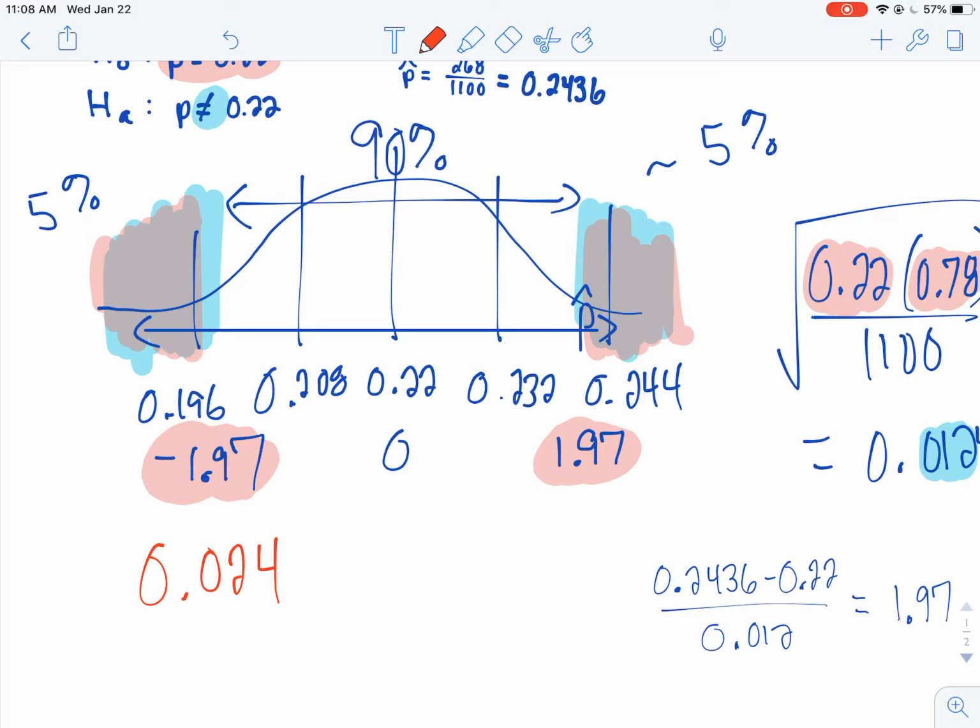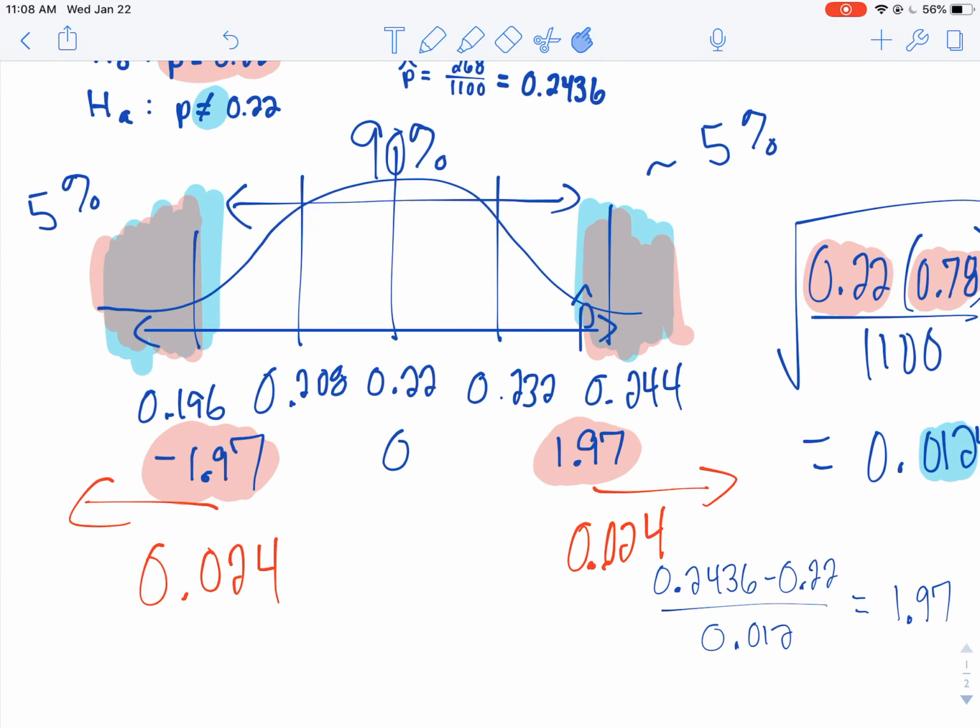Now that also tells me if I did it going positive, I'm going to get the same value. But if you don't believe me, you can do norm CDF, and then do positive 1.97, upper bound of 9999, based on z-scores. So I'm going to enter in 0 and 1, and I'm going to find that 0.024 of my statistics could be 1.97 or higher.